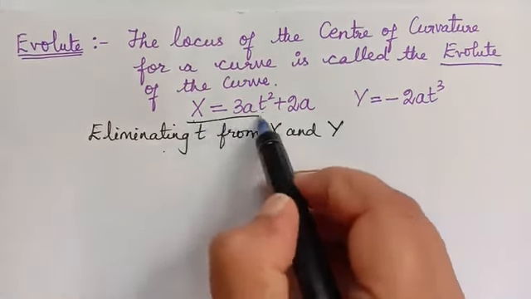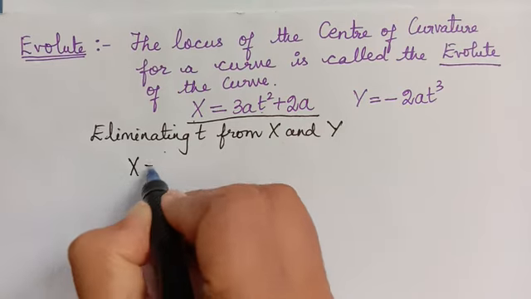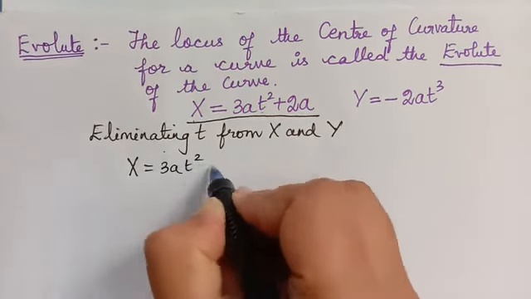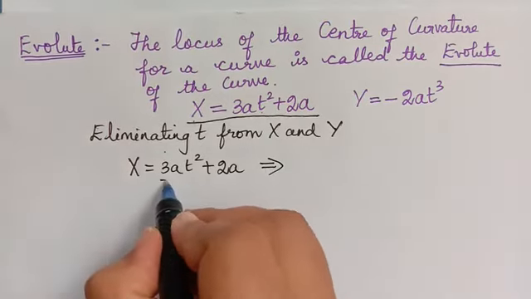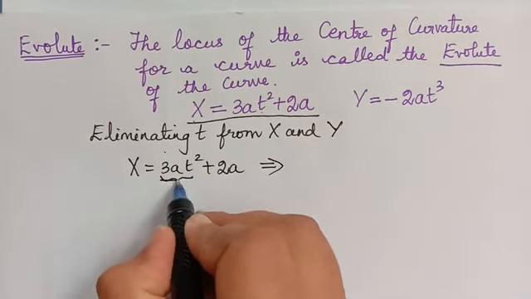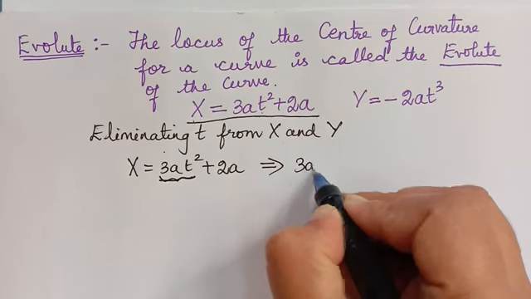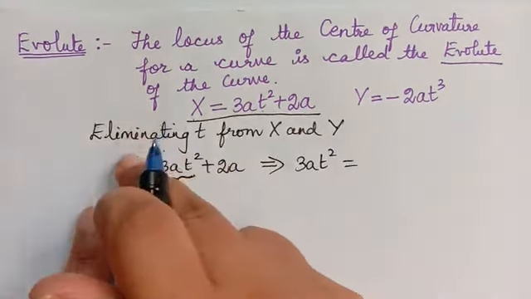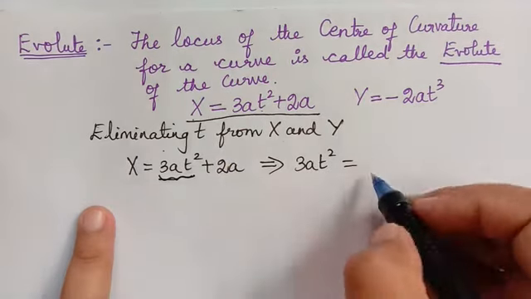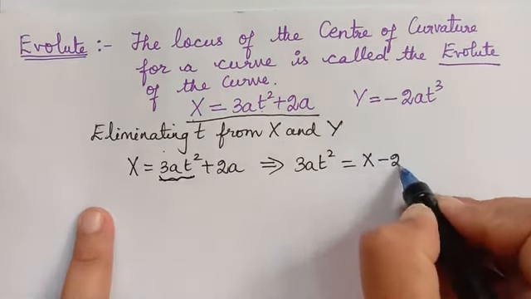Now what is our x? x is equal to 3at squared plus 2a. From this we can write 3at squared to be equal to x minus 2a, taking 2a to the other side.